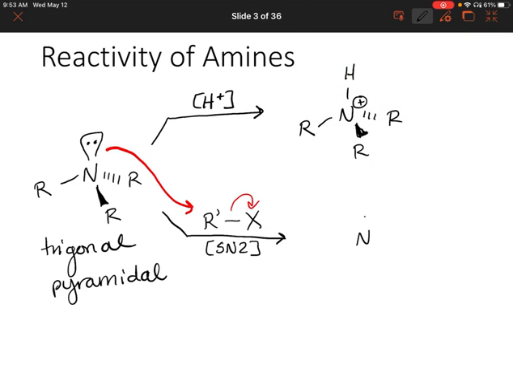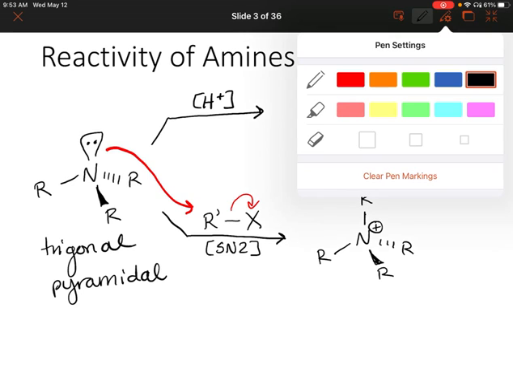So then we end up with our quaternary ammonium salt. Now, in the top reaction where nitrogen is acting as a base, it's typically going to act as a weak base. So let's just make a note.